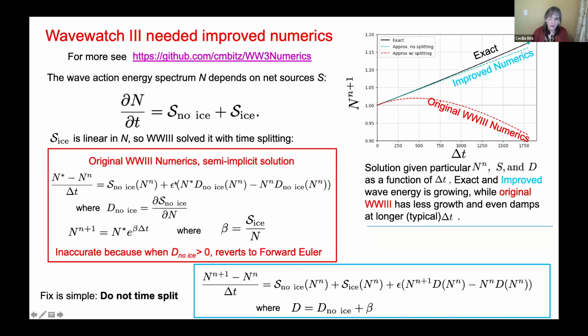So when it's positive, the epsilon would actually go to zero, and this would revert to this kind of forward Euler solution. So it does that much less often, and so it's much less numerically damping if we combine them. And so I'll show what that looks like next.